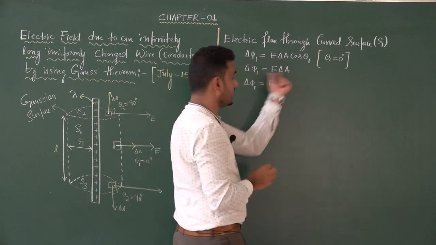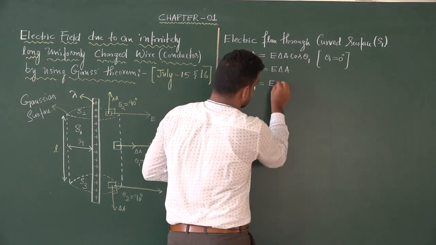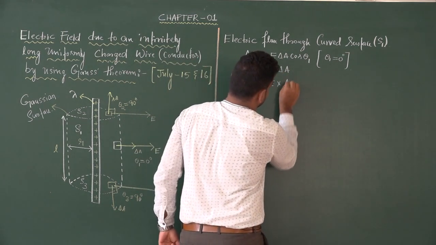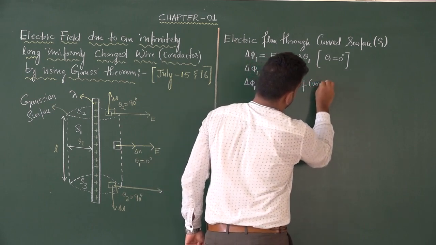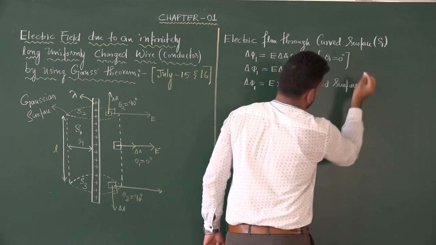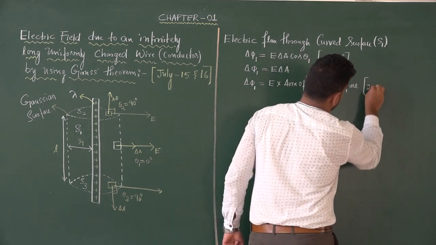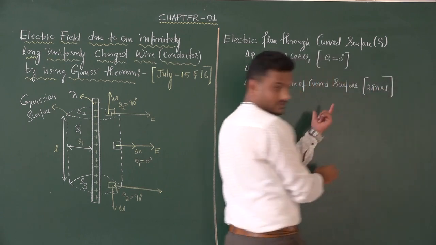What does the delta A mean? So total area of the curved surface is nothing but 2 pi r into L. It's nothing but circumference into length.